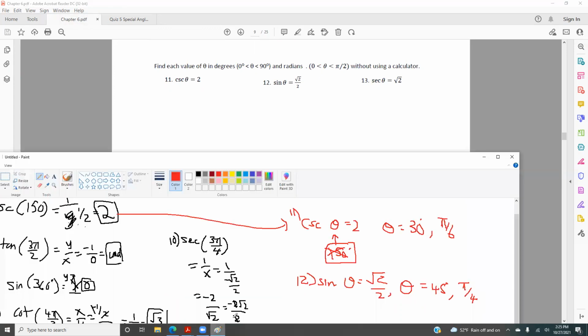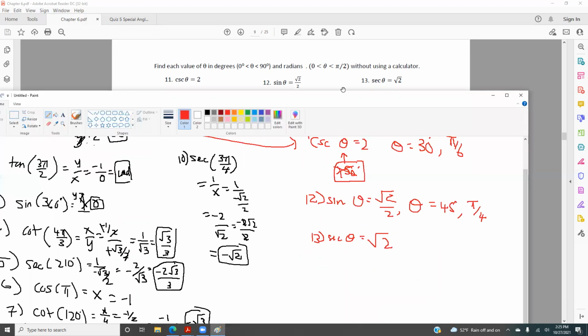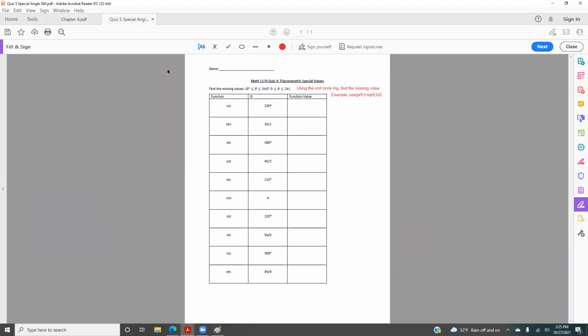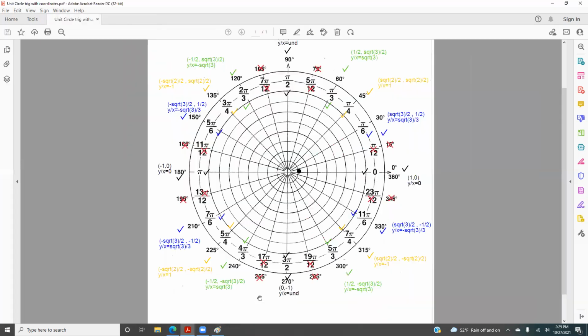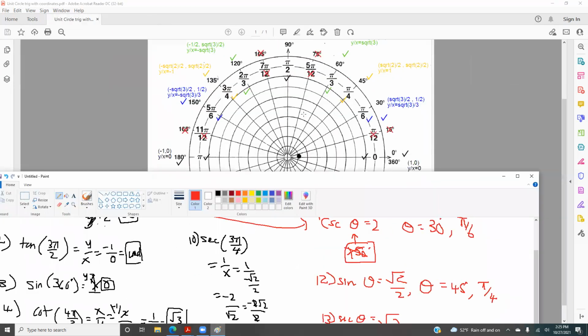So can someone tell me how we do question number 13? Secant theta equals √2.